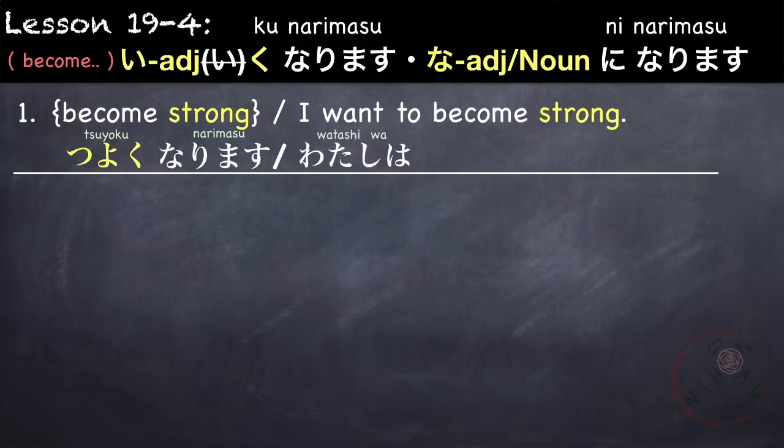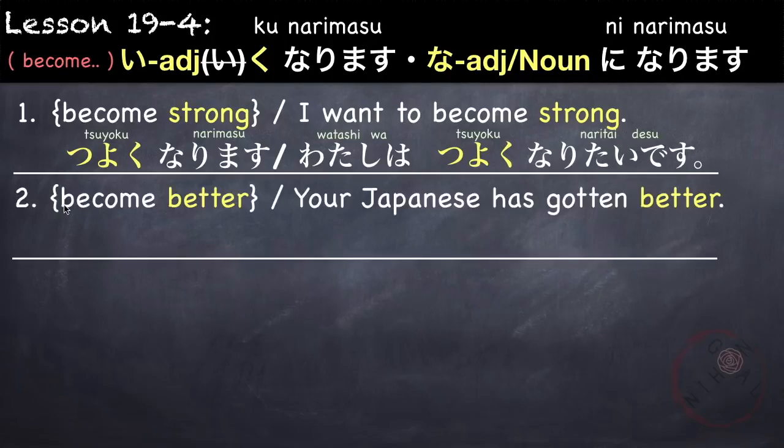Watashi wa tsuyoku. And since there is want to become, narimasu will become naritai desu. Watashi wa tsuyoku naritai desu. So, narimasu becomes naritai, followed by desu.